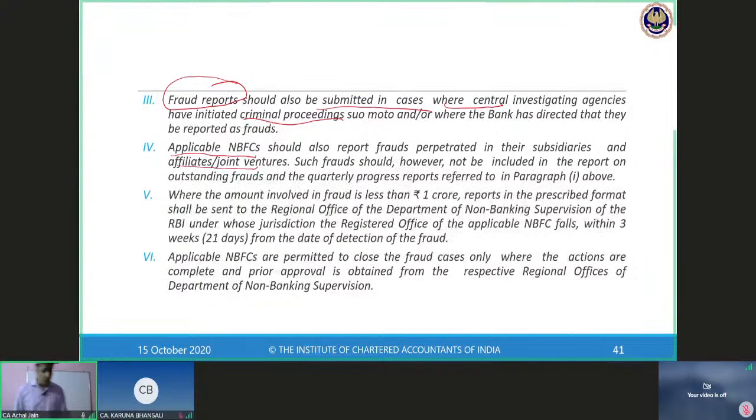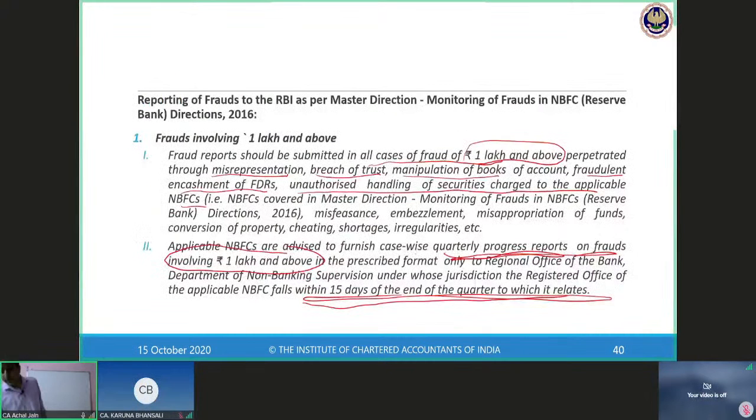So even for those frauds, NBFC means in a way for subsidiary will call it as parent. So the parent entity will be required to report. Such frauds should, however, not be included in the report of outstanding frauds and quarterly progress reports which are referred in point number 1 above. And what is this point number 1? This one. Okay.